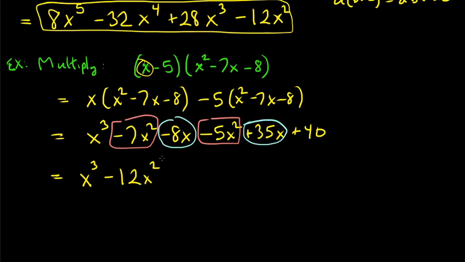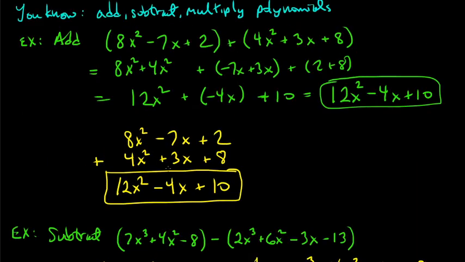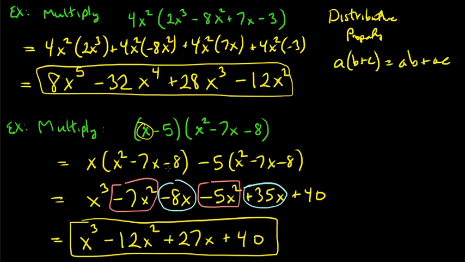So 35 minus 8, yep, it's 27. So positive 27x. And then the only constant is the plus 40, so positive 40. So I hope that helps. All right, so that's adding, subtracting, and multiplying.